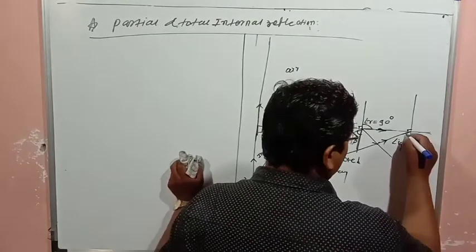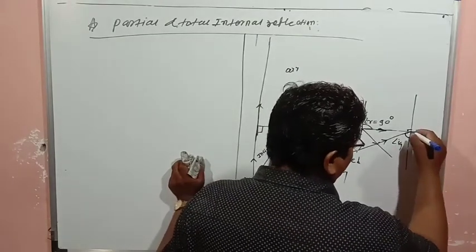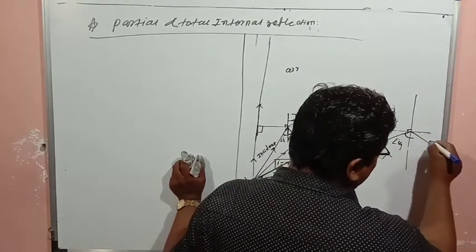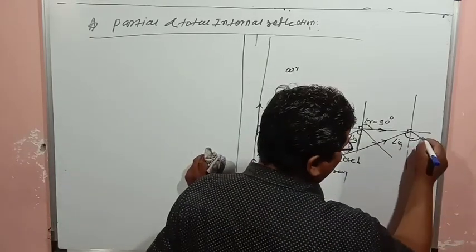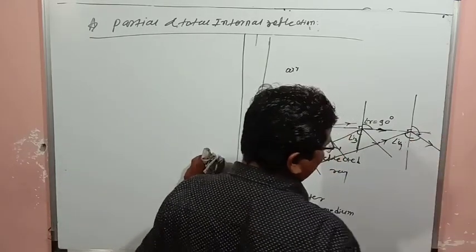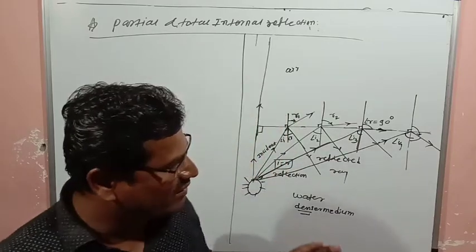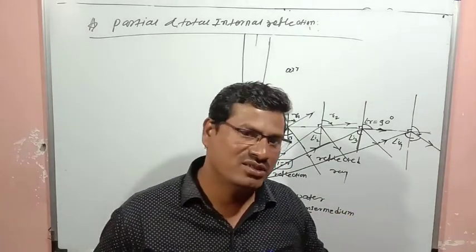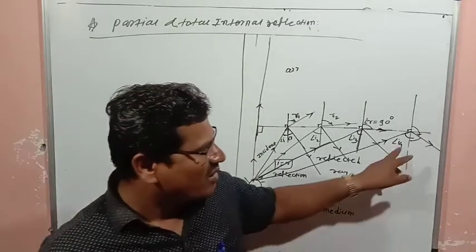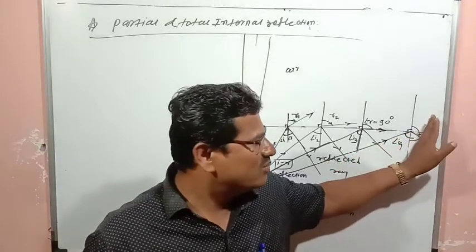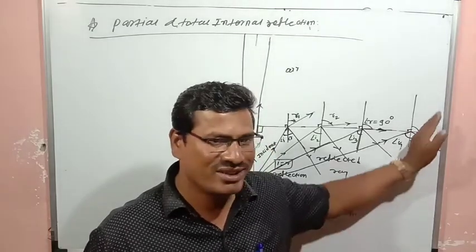So what will happen now? All the light rays will get reflected into the same medium. Now this one will bend like this way, and the light rays will enter into the same medium. Now it will not pass from the denser medium to the rarer medium.